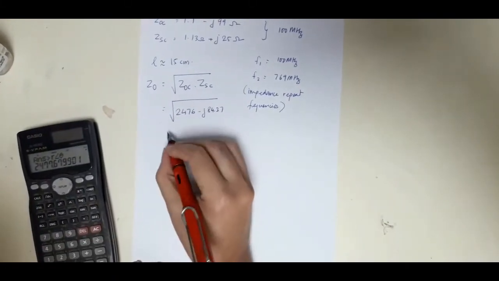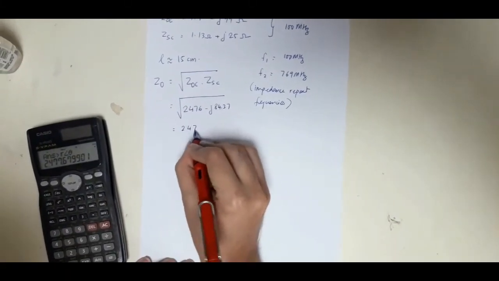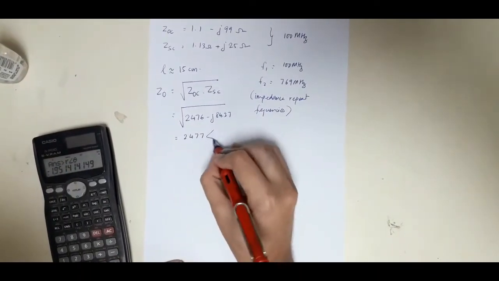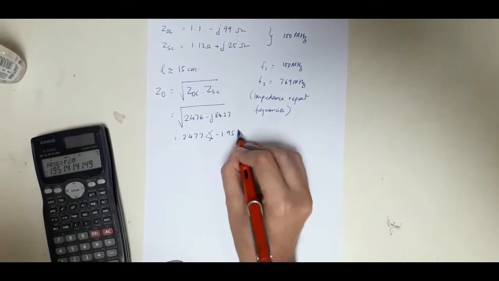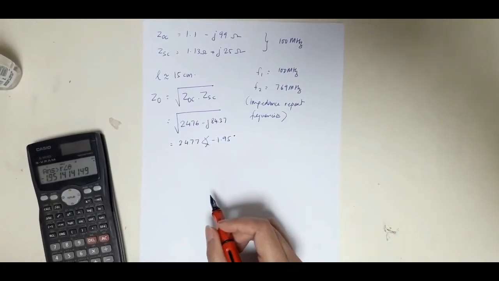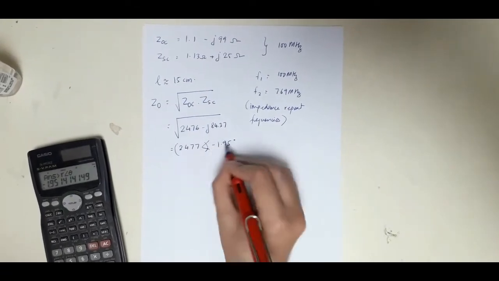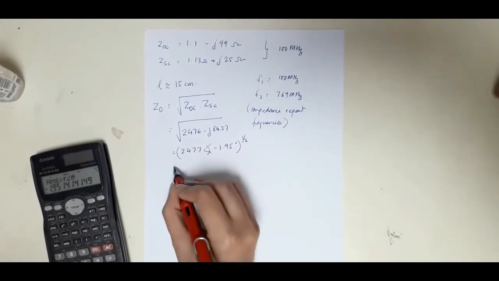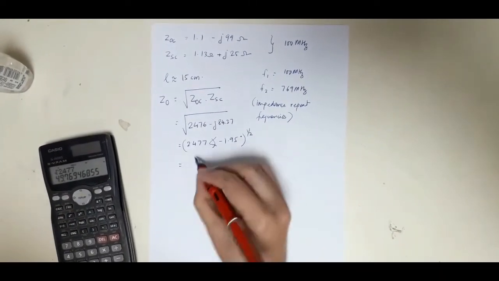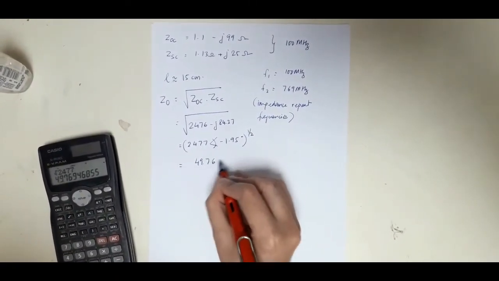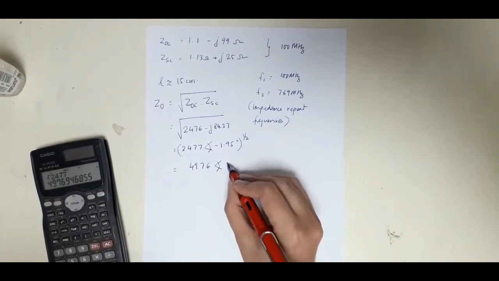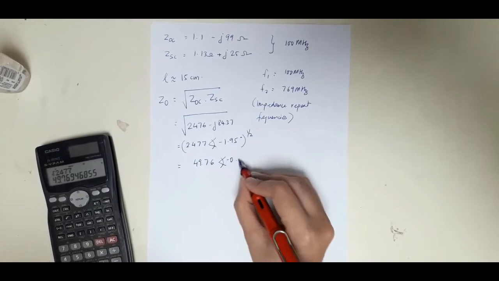So that is 2477 with an angle of minus 1.95 degrees. So this is the quantity whose root we want. So therefore the Z0 will be nothing but root of 2477, that is 49.76 times roughly half of this angle, that is about 0.98.